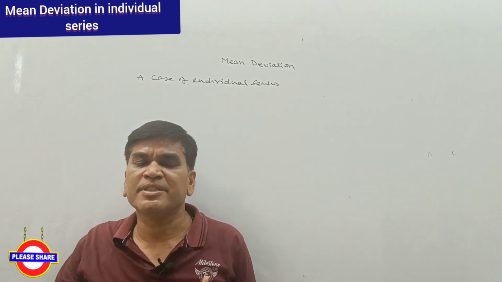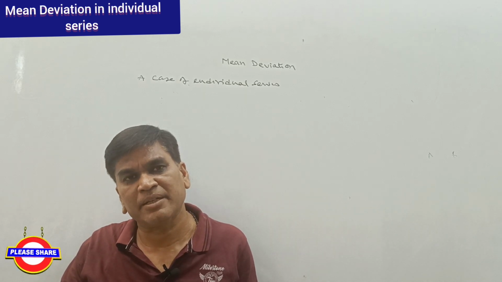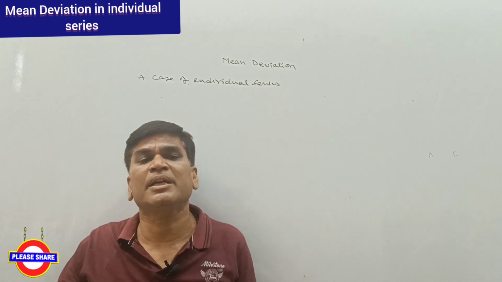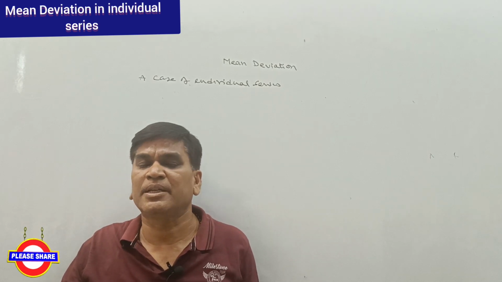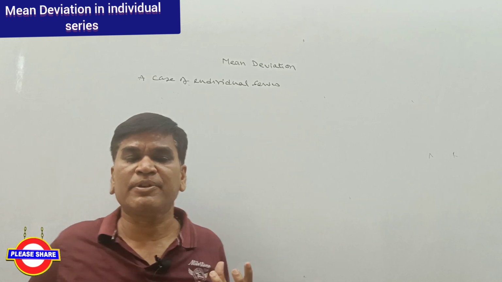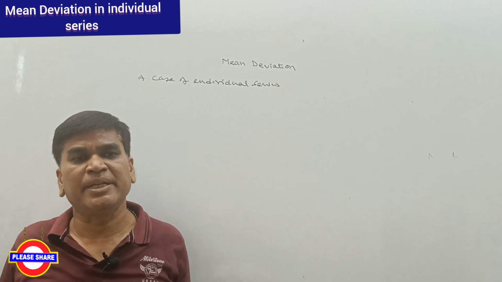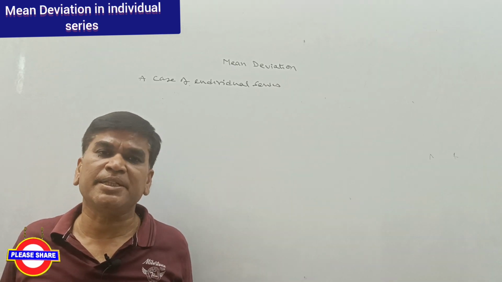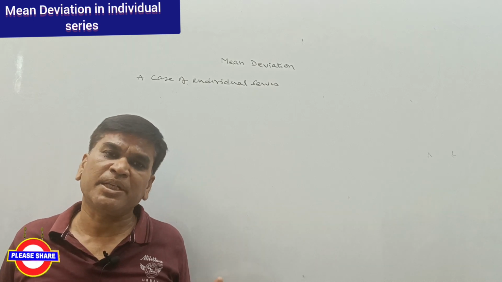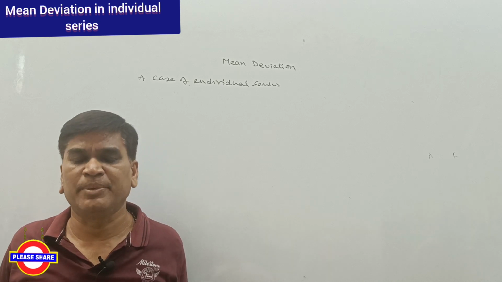In a case of individual series, we can calculate the arithmetic mean and the median value, but we can't calculate the mode value. So for an individual series we will calculate mean deviation from arithmetic mean and median only, but in case of discrete series we will calculate mean deviation from arithmetic mean, mode and median. All three items we will use to calculate mean deviation.